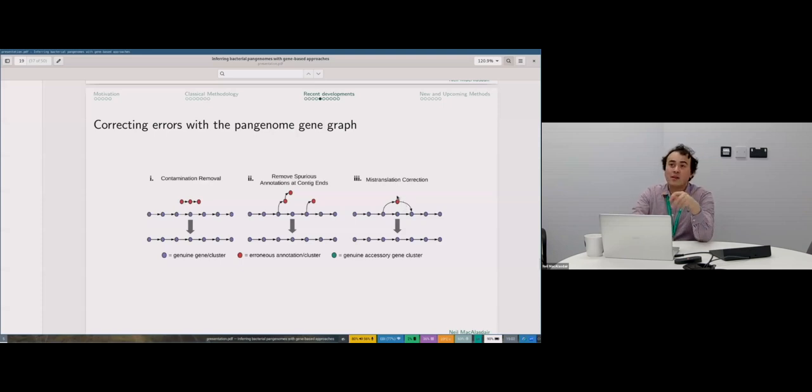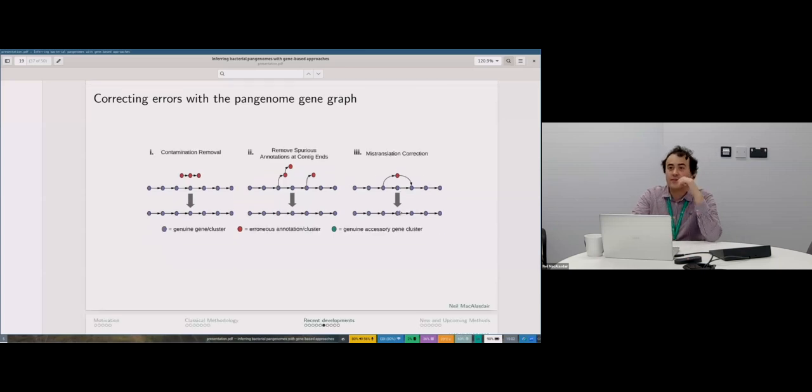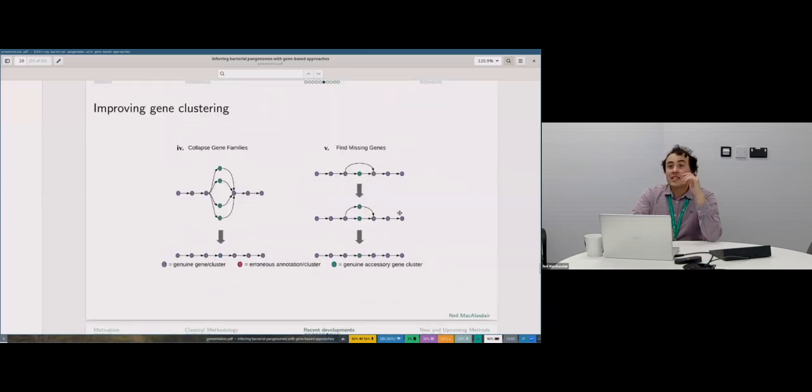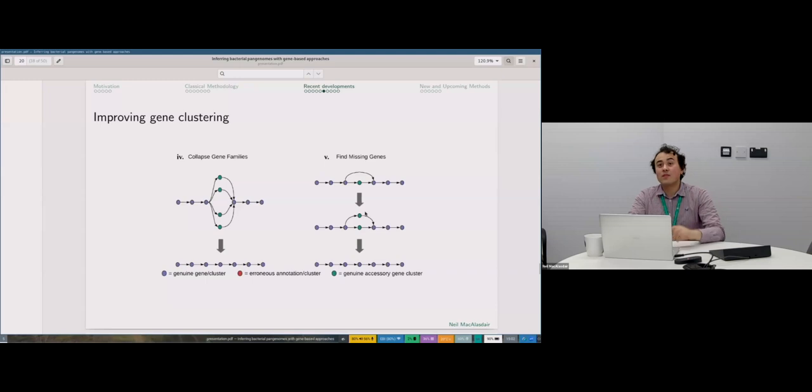Is there something going wrong in the clustering or the pre-clustering step that meant that these things are not getting clustered when they should be? By using that DNA comparison, because we can do it much more cheaply, we only have to look at these two nodes instead of all the nodes across the graph, which would be computationally unfeasible. We can then collapse these two nodes as well. That corrects a lot of the errors with the pangenome graph. But then we can improve gene clustering by looking for larger bubbles like this.